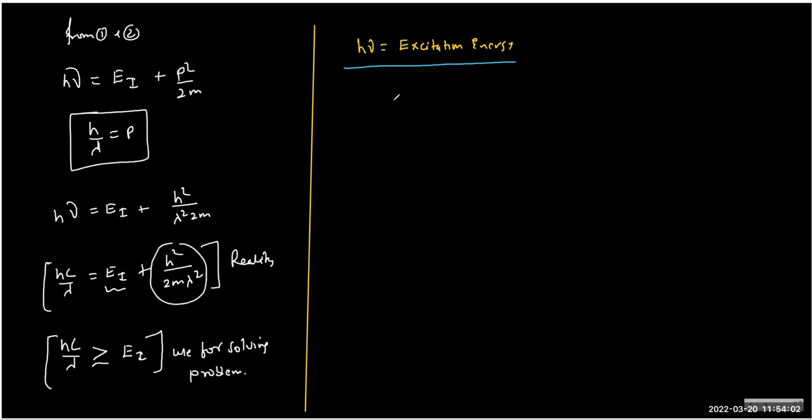So let's say I tell you that a photon of energy 1.89 eV has been absorbed. What can you infer? Let's say some H atom has absorbed this photon. What can you comment?